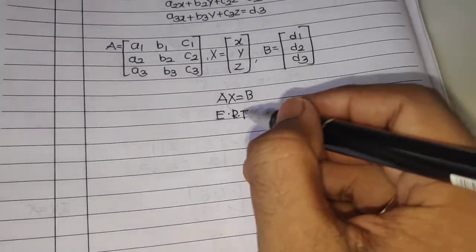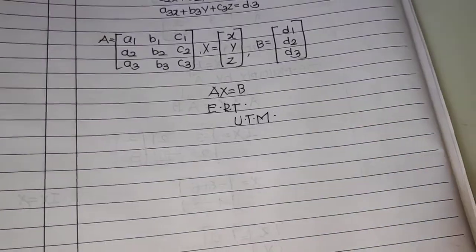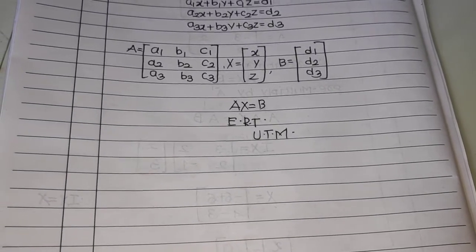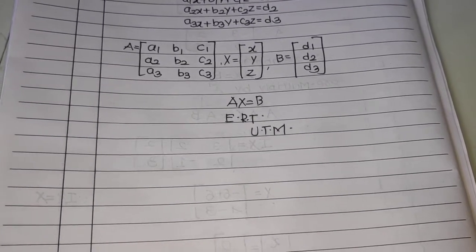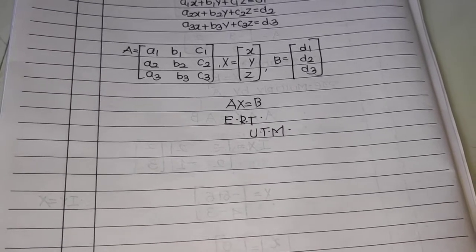So what's the UTM? Upper triangular matrix. Once you convert it to an upper triangular matrix, and what is an upper triangular matrix? A matrix in which elements below the diagonal are 0. Then you perform multiplication on the LHS, equate them and solve the equation.